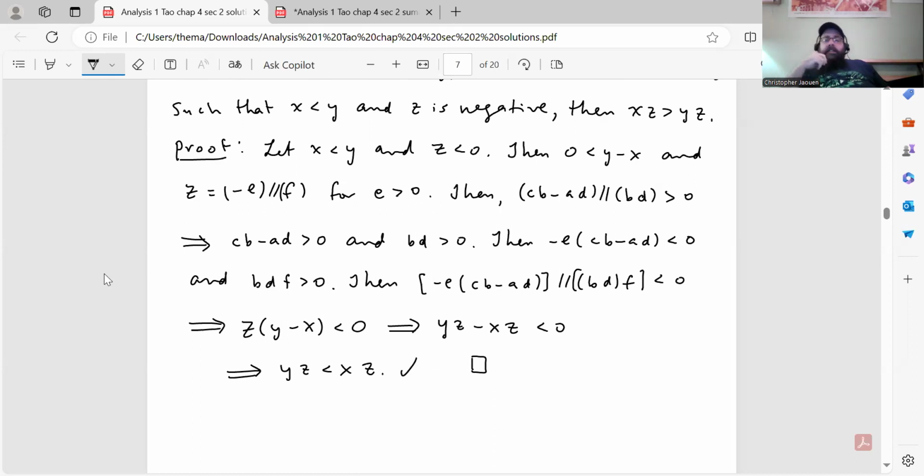Then negative e times (cb minus ad) is less than 0 because of the way that the order relation works for the integers, right? So when you multiply by a negative number, it switches the direction of the inequality, and bdf is positive. Then that means that negative e times (cb minus ad) over bdf is less than 0, or in other words, it's negative, which implies that z times (y minus x) is less than 0, which means that yz minus xz is less than 0. Finally, which means that yz is less than xz, and that's the proof.